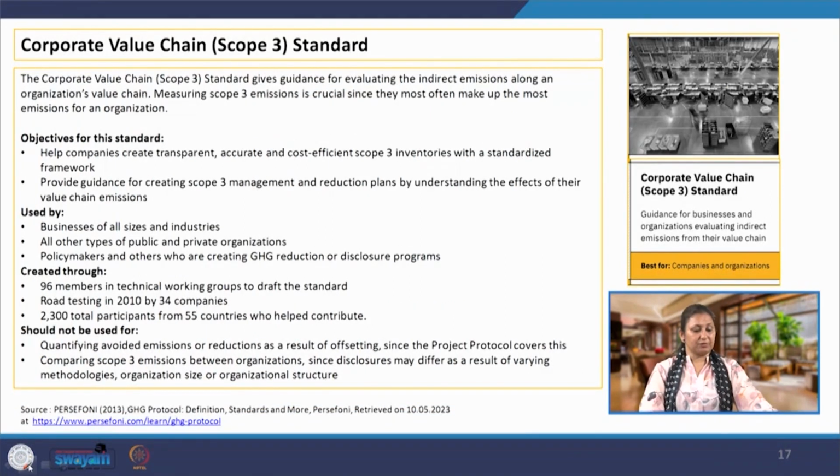Next, we have the corporate value chain scope 3 standard, and this gives guidance for evaluating the indirect emissions along an organization's value chain. For example, I am a developer, a buildings developer. We construct buildings. Now, the buildings that I am constructing are actually the end product of this company.